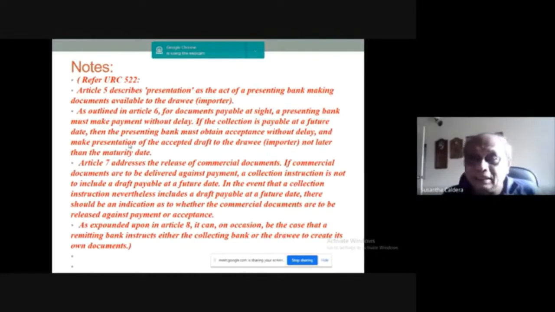But the collection, I'm sorry, the collection is DP. Even with a 60-day bill of exchange, the collection instructions say: please release documents against payment. It is contradicting.